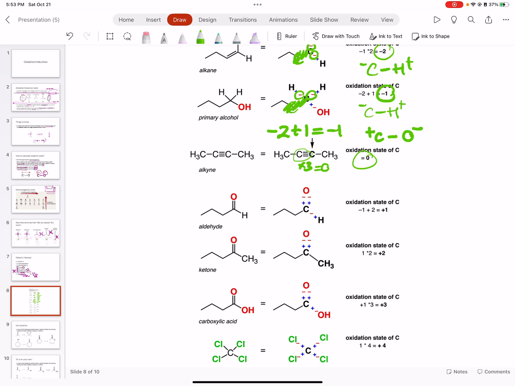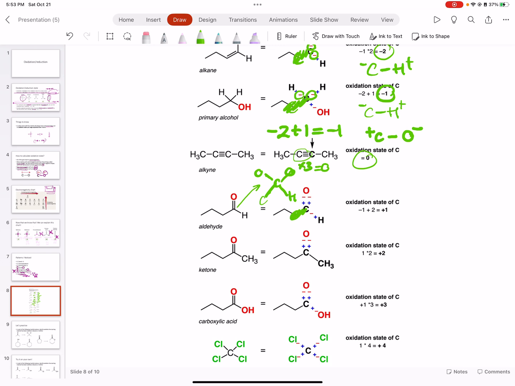So then again, this one is carbon-oxygen, and carbon-carbon we don't care. Carbon-oxygen double bond, but we said that if you want, you can always do this, carbon-carbon hydrogen, and just split them up. If it's easier for you visually, just split them up and it's gonna be the same.